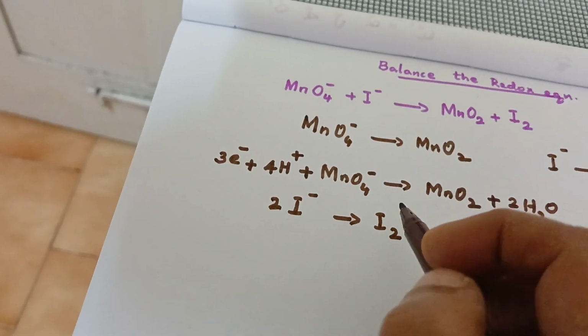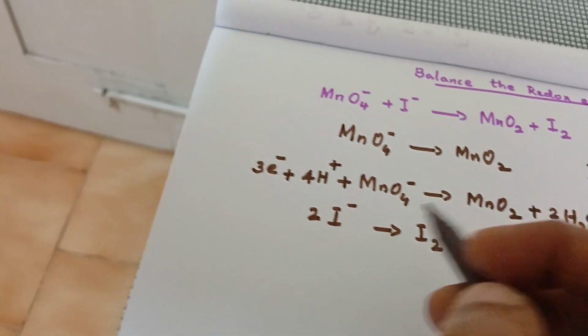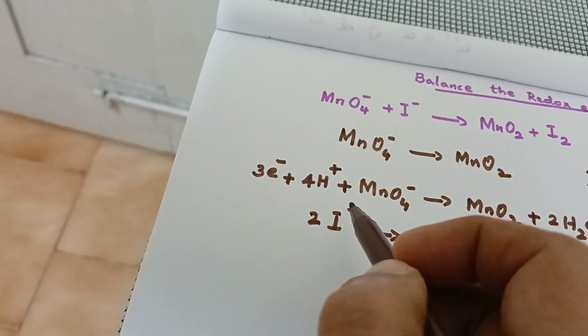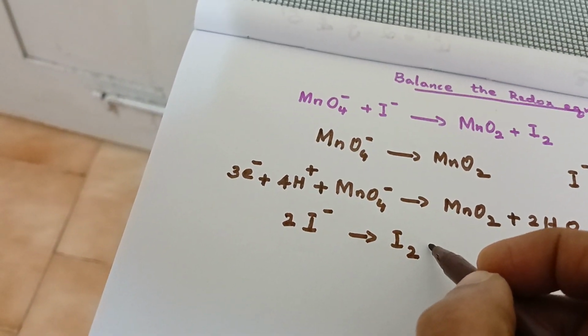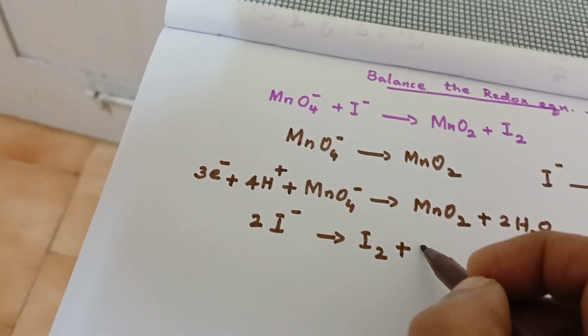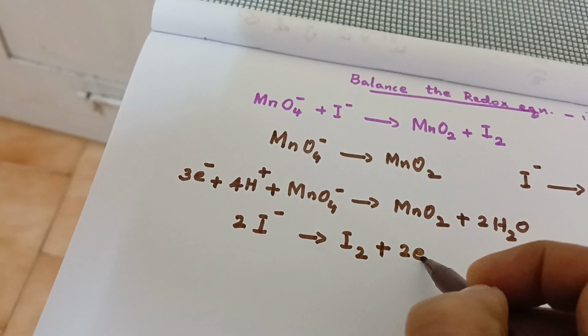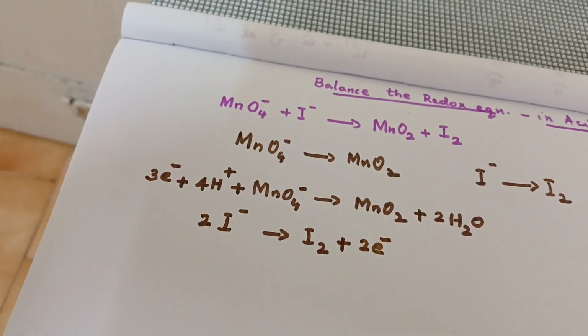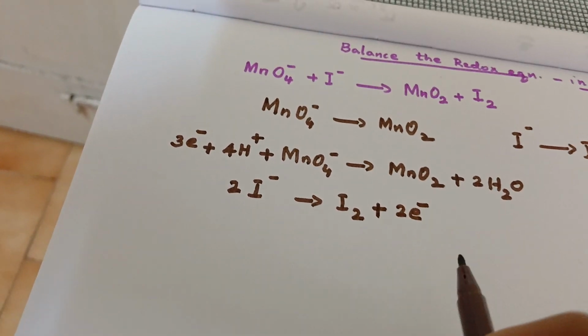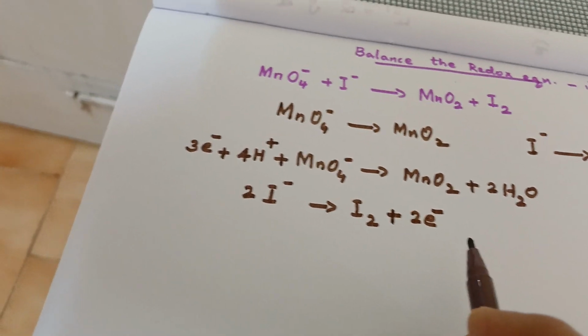Right hand side the charge is 0, whereas on the left hand side this is minus 2. So in order to make this side also 0, we will add 2 electrons. That is, we always add electrons to the more positive side. So now we have done that.